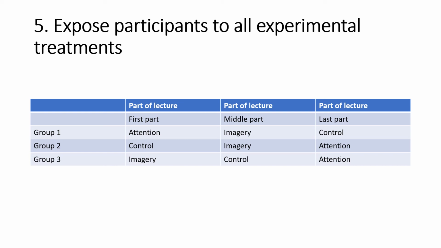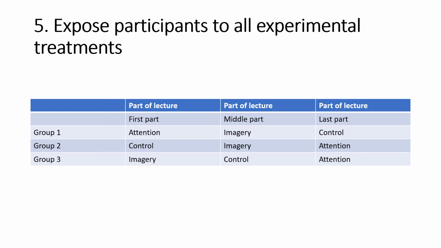In this manner, all participants in the study were exposed to the 2 treatments and the control condition, and each condition occurred in all possible places: first, second, and third in sequence. So you can see with the study, as you see on your screen, the researcher used a within-subjects variable where the type of intervention was imagery versus attention versus control to compensate for the fact that participants had not been randomly assigned to the 3 class sections in her sample.